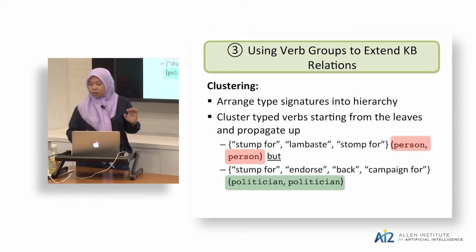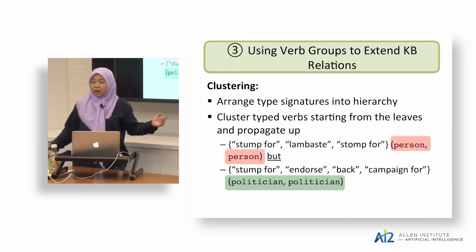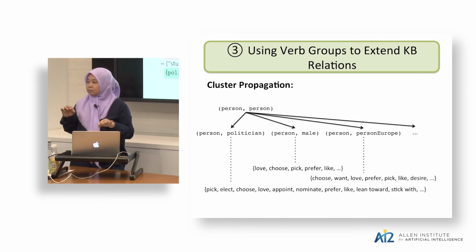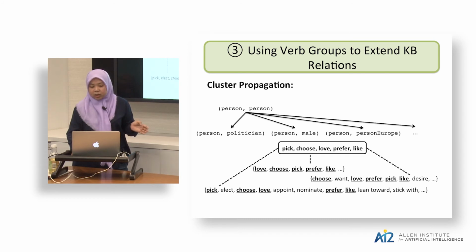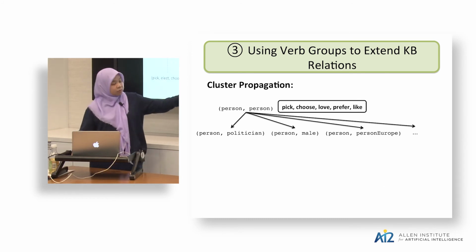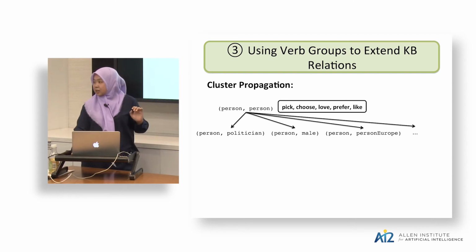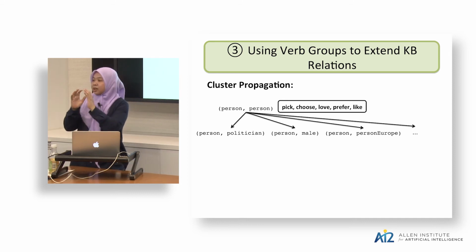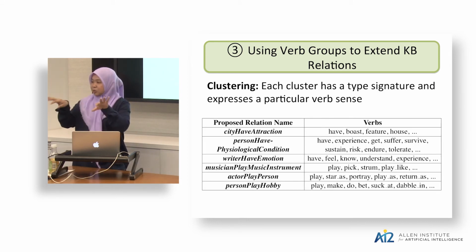But if we go to the children level, we can actually get better nearest neighbors for these type verbs. So the way we do the clustering is we first cluster from the bottom of the hierarchy, and we then propagate these clusters up. So when they are propagated up, they become a point that cannot be broken into separate clusters at the upper level.